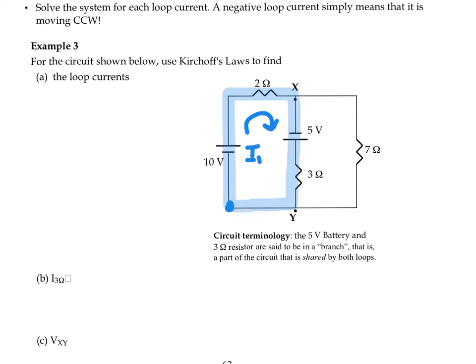And there's a second loop that we could take a look at here. When we look at that, I'll also start at the lower left hand corner, and we'll go around the loop in this way. We'll call that loop current I2, going around clockwise once again.